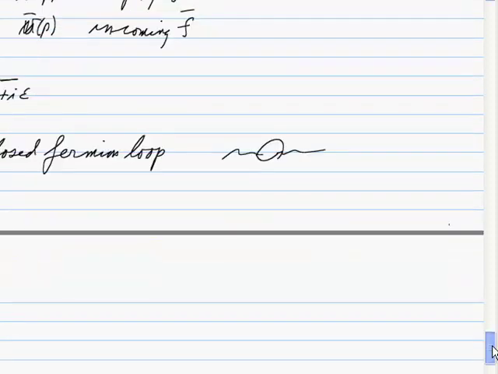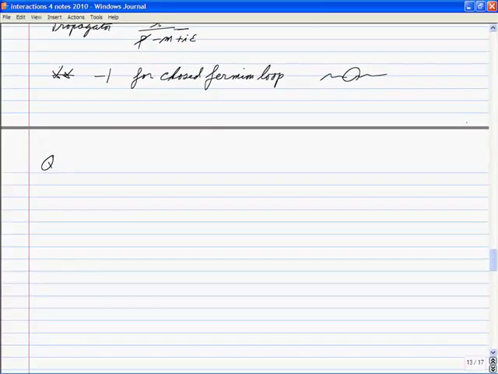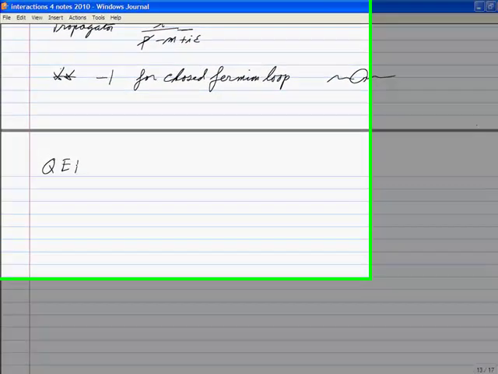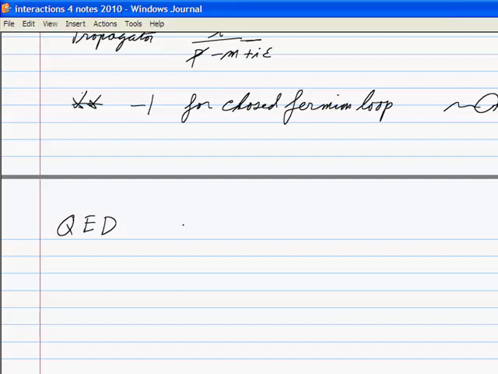Okay, and then there's the rule that's specific to QED. Those are all general fermion rules. You have this diagram here is minus iQ gamma mu. Okay. This is just the general rule.